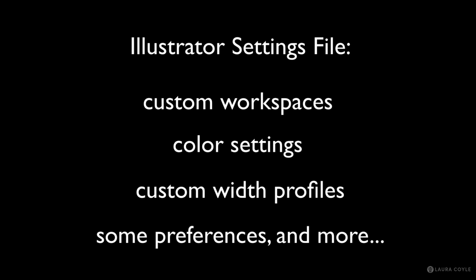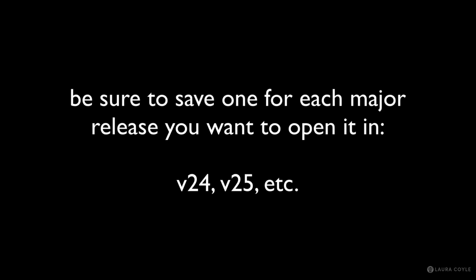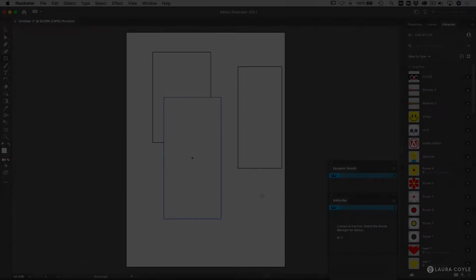So most of your preferences will also be saved there as well. So that's a lot worth saving. The settings file is specific to the version, so you cannot, for example, install your version 24 settings in version 25 of Illustrator.